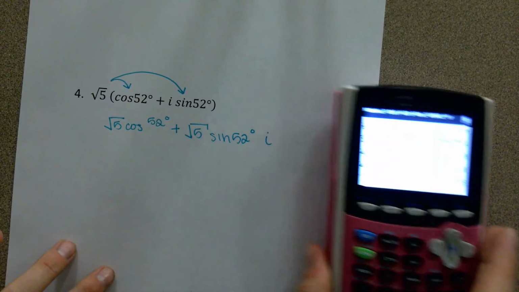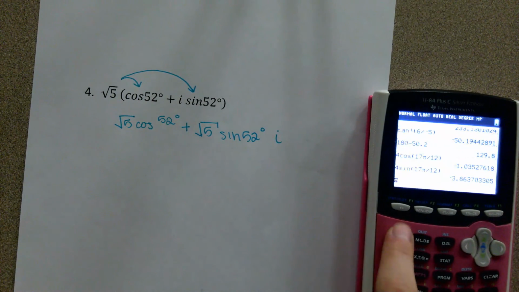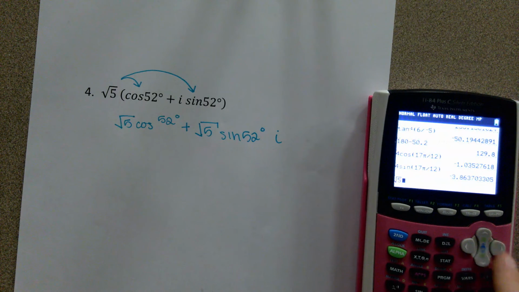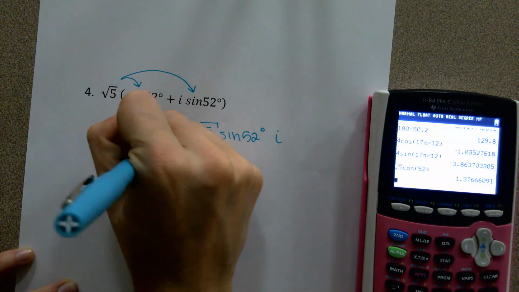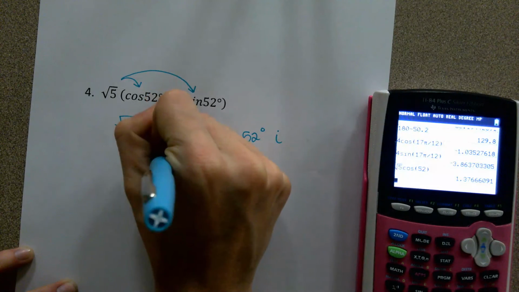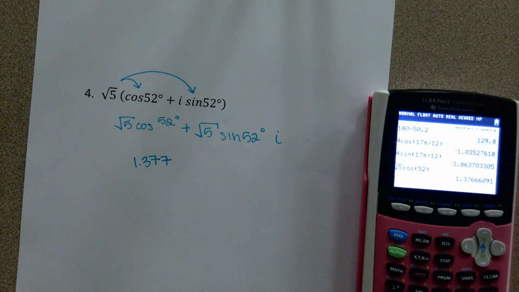So we got square root of 5 times cosine of 52 degrees, and we get 1.377.